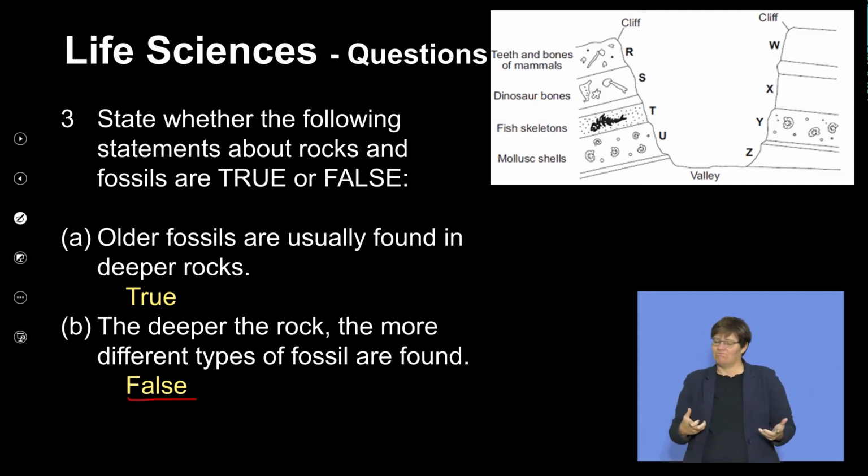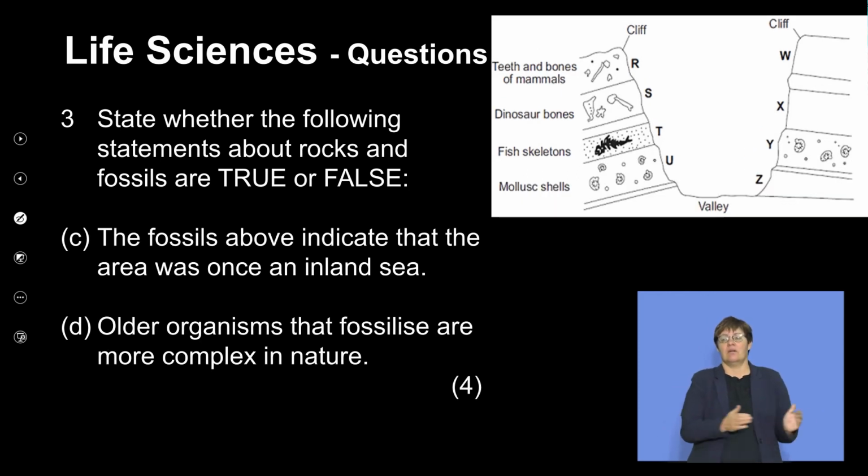That is obviously false. Next one, the fossils above, which are in the picture, indicate that the area was once an inland sea. Fish skeletons, mollusk shells. So that gives us a good idea that it was an inland sea because those are aquatic organisms.